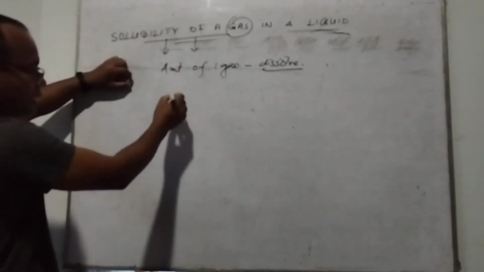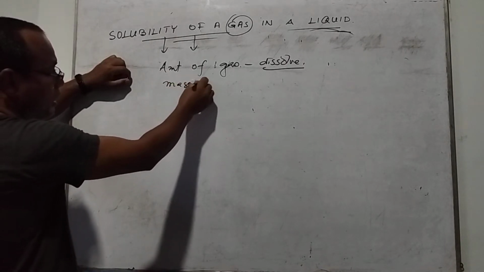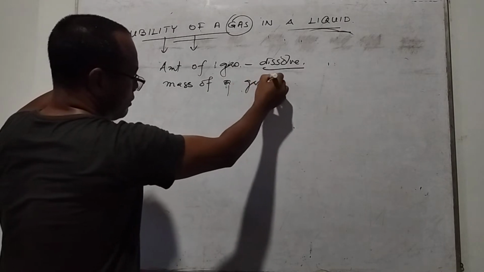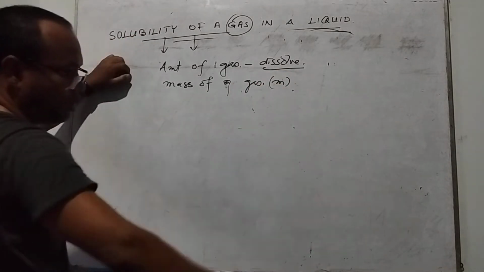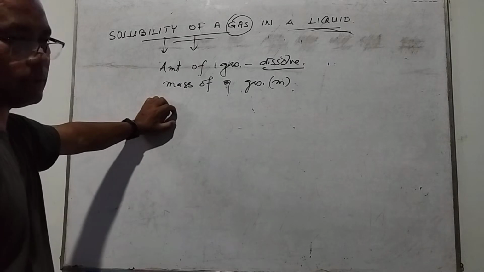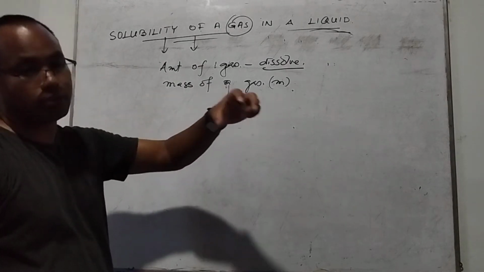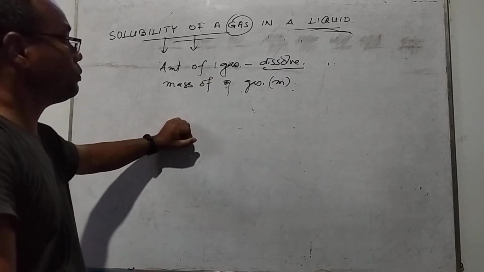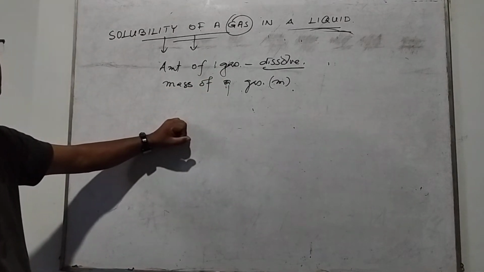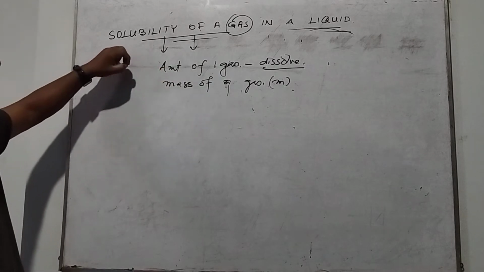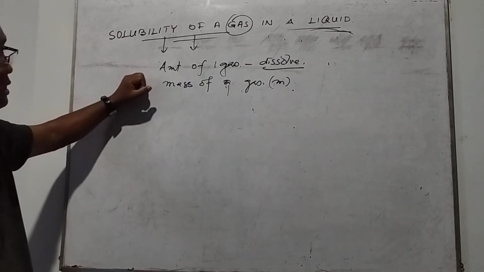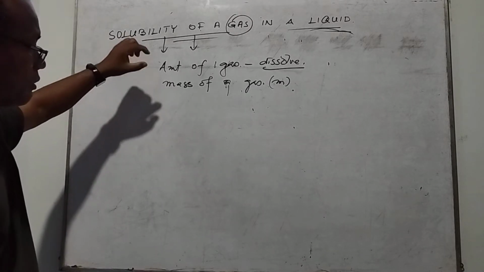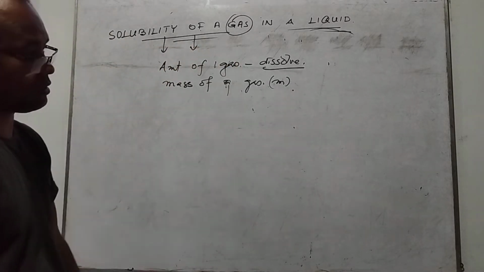This amount we can express as the mass of the gas dissolved. This mass, let me write M. How much mass of the gas dissolves in a particular volume of liquid, that we consider the degree of dissolution of the gas in a liquid. That's the solubility of the gas. So this solubility we can express in terms of the mass of the gas.